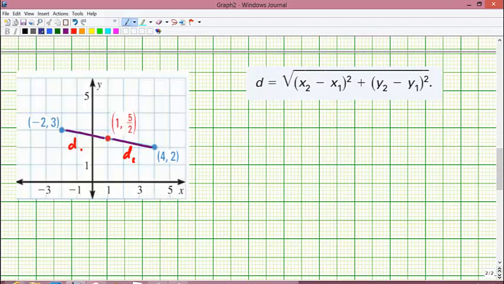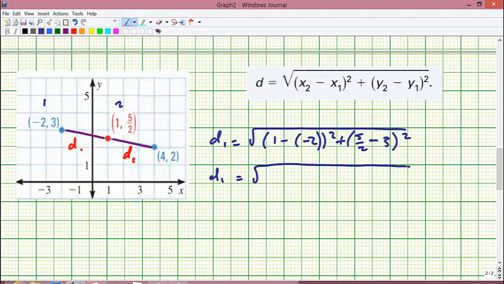So let's do that. So for D1, we're going to say this is point 1 and this is point 2. So D1 equals the square root of 1 minus negative 2 squared plus 5 over 2 minus 3 squared. 1 plus 2 is 3. 3 squared is 9. 5 over 2 is 2.5 minus 3.